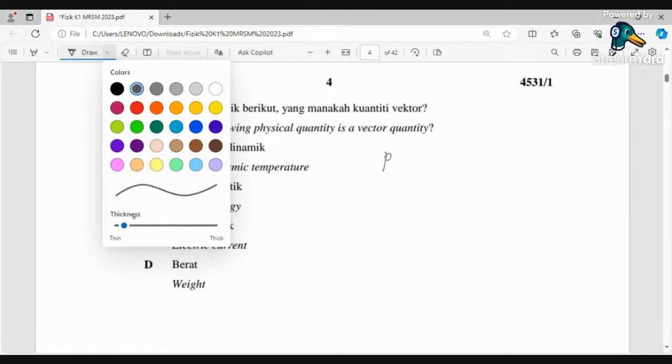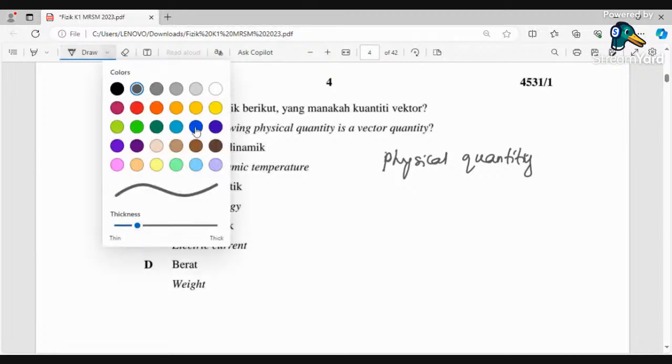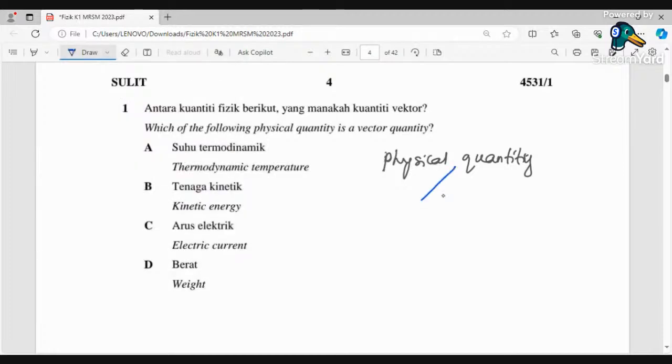So physical quantity can be divided into 2 groups, scalar and vector.